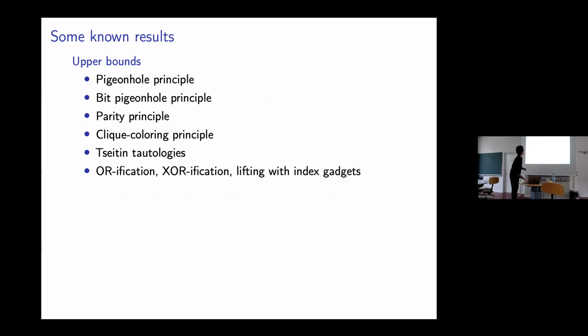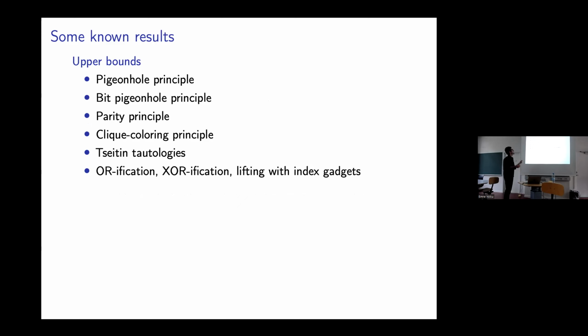And then, what do we know about these systems? The reason why those are at least theoretically interesting is because they have upper bounds for all those principles. And what do I mean by those principles? In proof complexity, you take some combinatorial principle with a really simple known proof, go to a really weak proof system, and ask: if I have a formula that encodes this principle, can I prove it with short proofs?